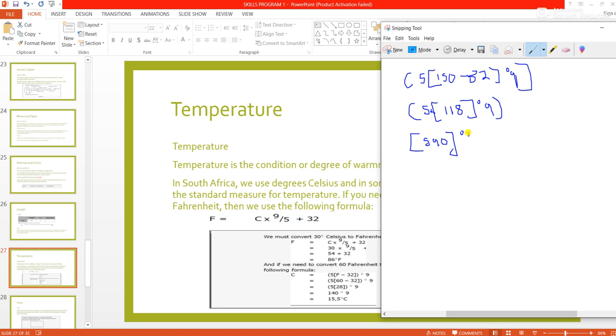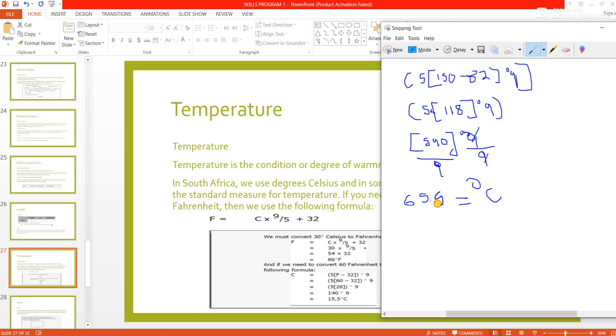In this instance, we need to divide everything by 9. 9 will cancel 9, then you're left with Celsius, and your answer will be 65.5.